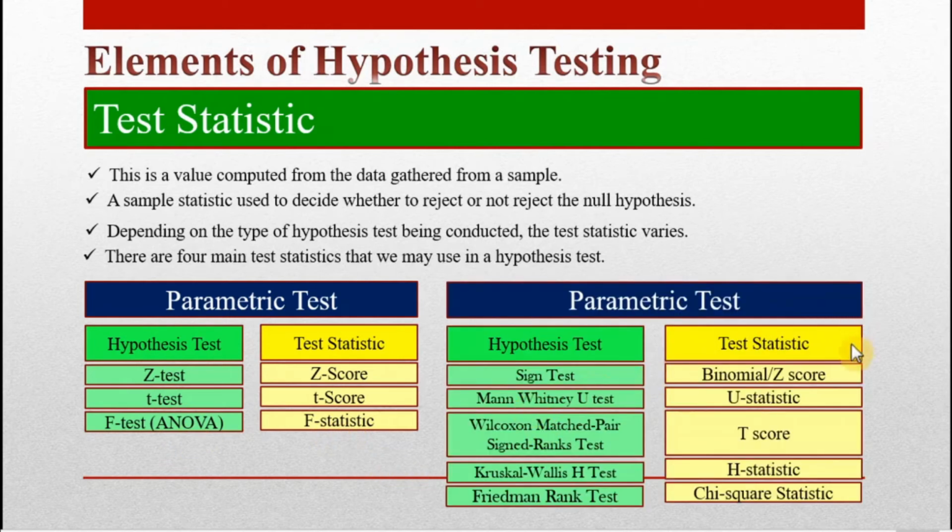For non-parametric tests, we have the binomial or z-score for the sign test. We have the U-statistic or U-score for the Mann-Whitney U test. We have the capital T score, which is different from the t-score here, for the Wilcoxon matched-pairs signed-ranks test. We also have the H-statistic for the Kruskal-Wallis H test and the chi-square statistic for the Friedman rank test.